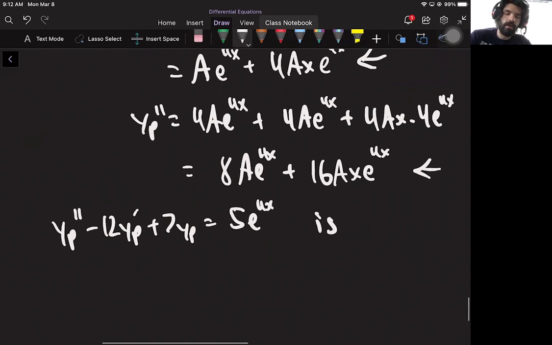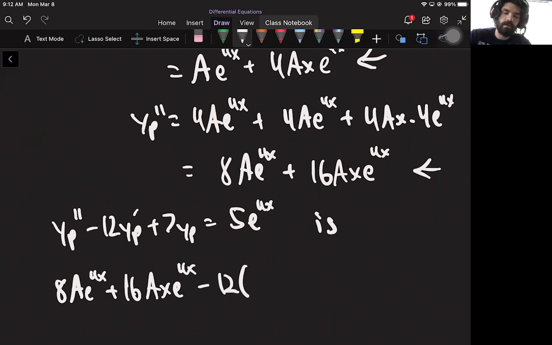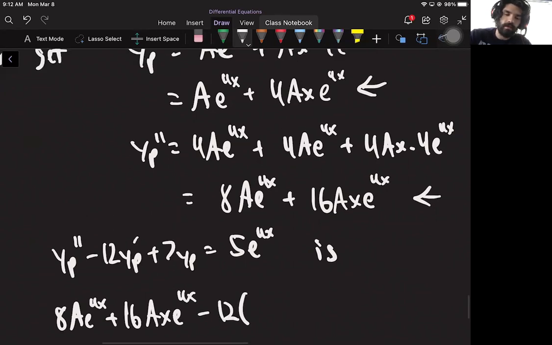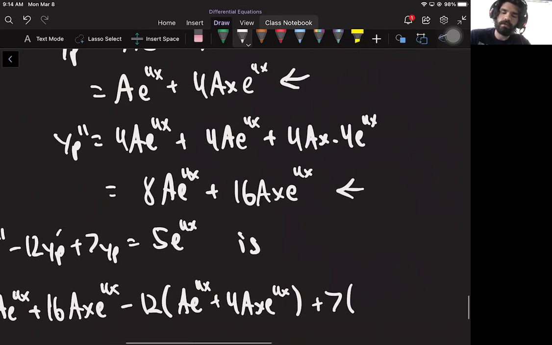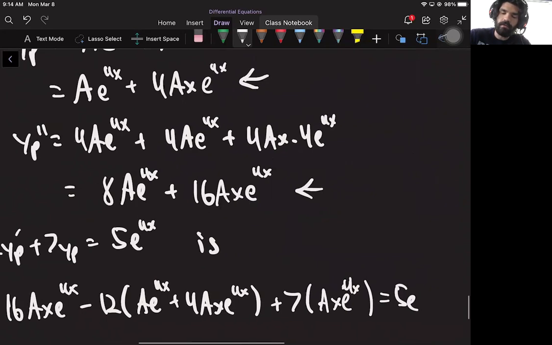Okay, well, yp double prime is 8a e to the 4x plus 16ax e to the 4x, minus 12 times yp prime, which is a e to the 4x plus 4ax e to the 4x, and then plus 7 of these ax e to the 4x's, equals 5e to the 4x.